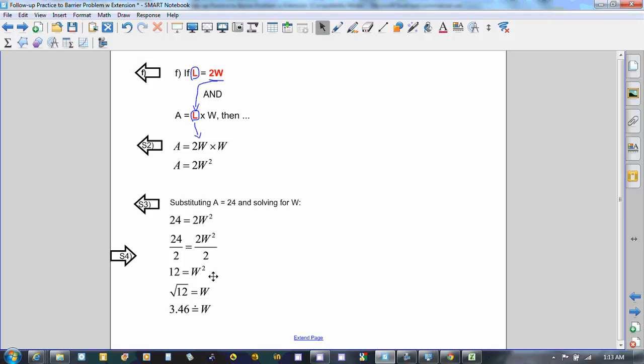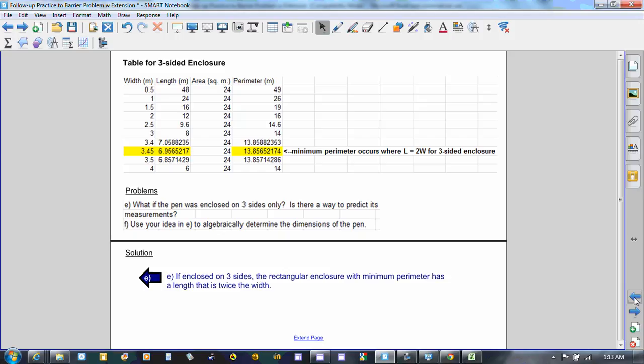Well, to undo W squared, we use its inverse, which is square rooting, and the square root of 12 is approximately 3.46. If we go back to our table, you can see how that value does approximate what is here for the width.